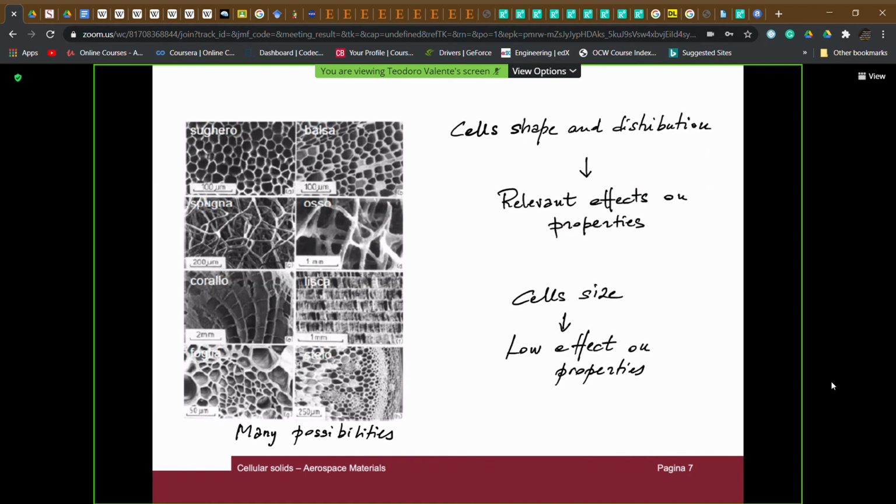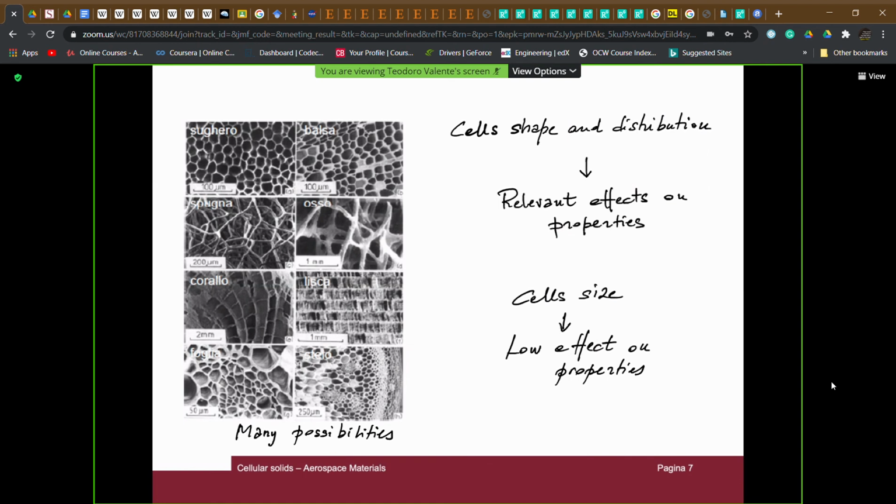As a general principle, cell shape and distribution have a relevant effect on properties, more than the cell size, which has a low effect on properties.